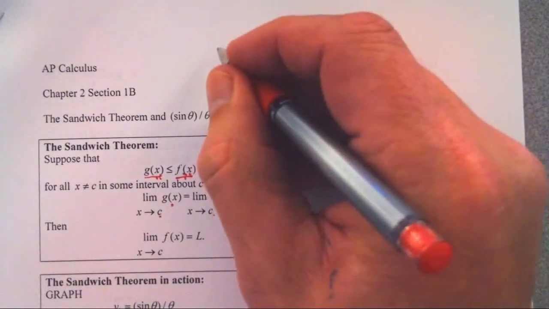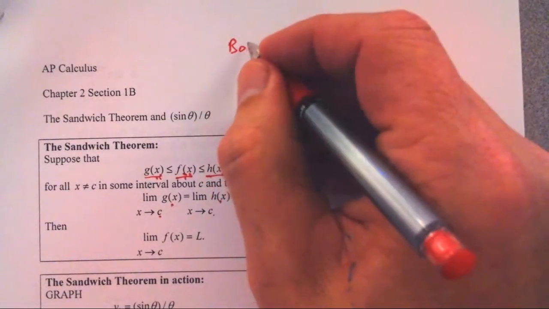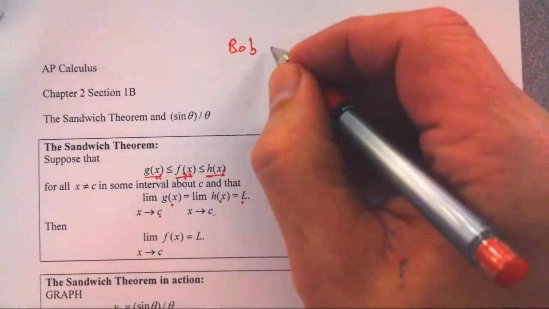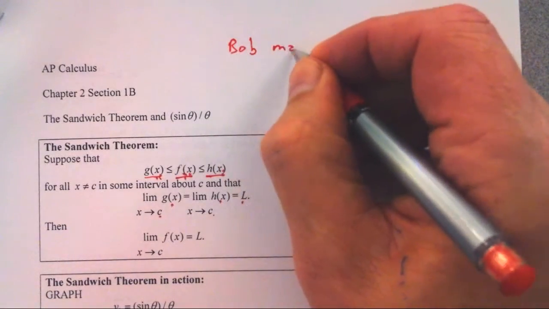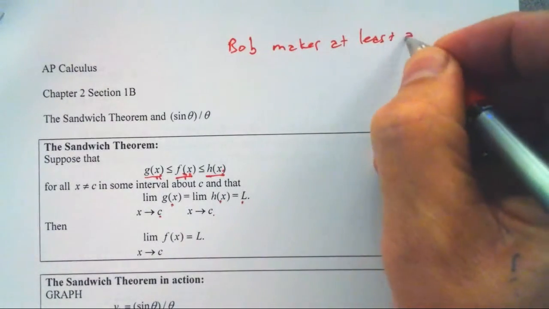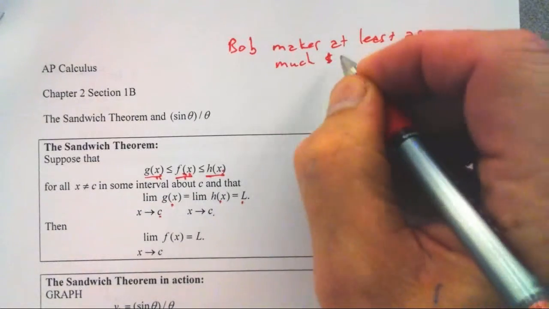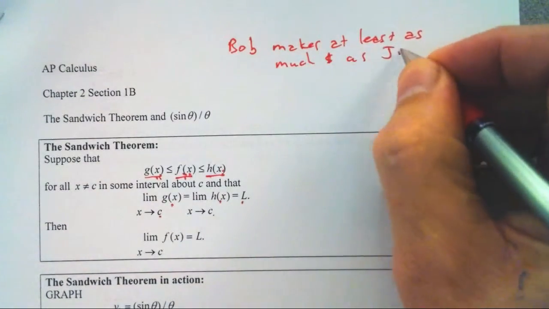Let's say we've got Bob and Sally and Jim. They all work together. Bob makes at least as much money as Jim.